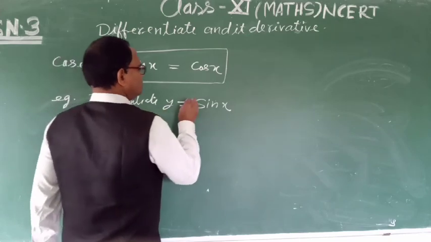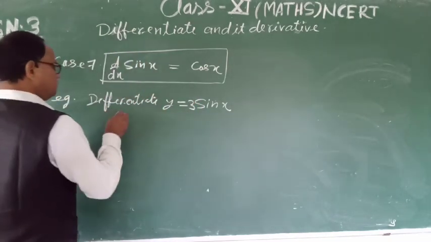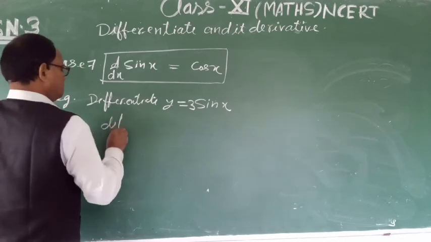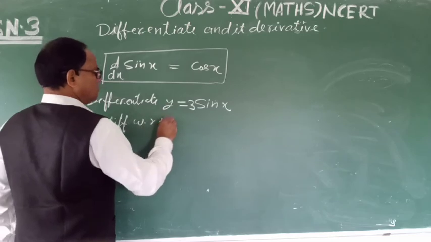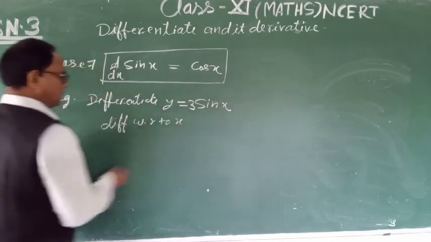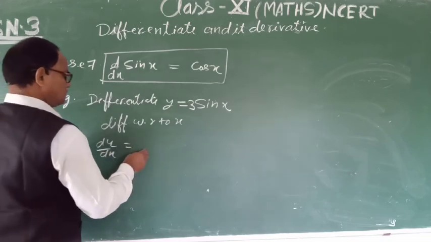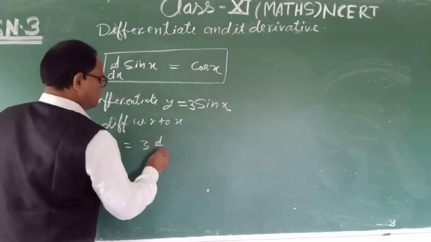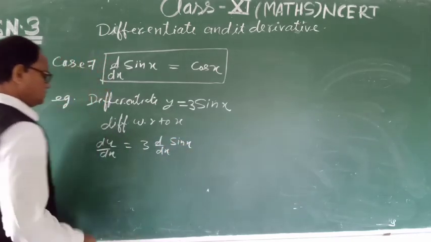Differentiating with respect to x on both sides, we get dy by dx is equal to 3 d upon dx sin x.